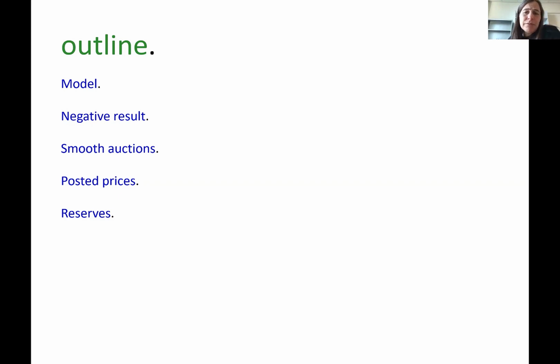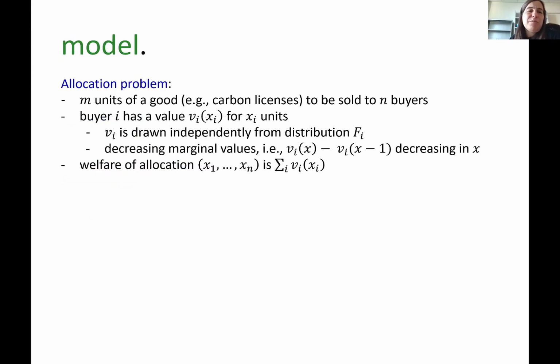My model is a very simple multi-unit allocation problem. There are going to be M units of a good for sale. These could be, for example, carbon licenses, and these units need to be sold to N buyers. Buyer i has some value for some number of units, x_i.